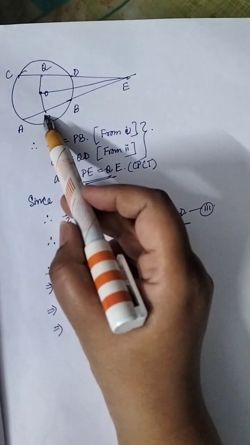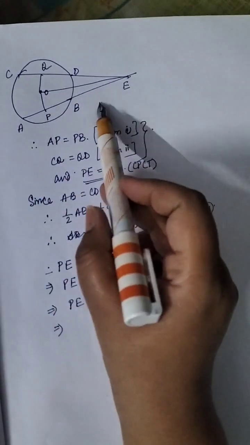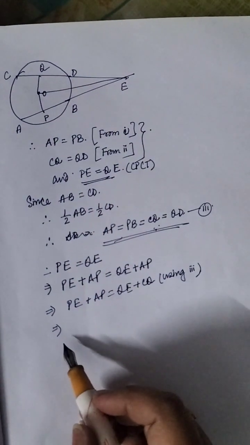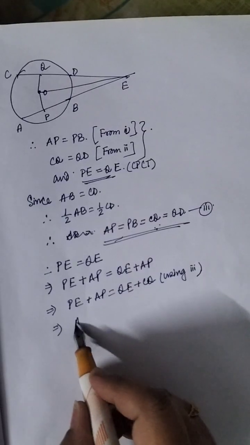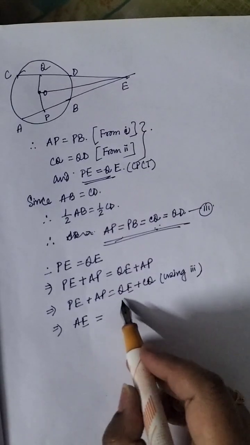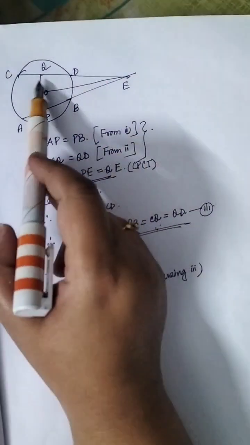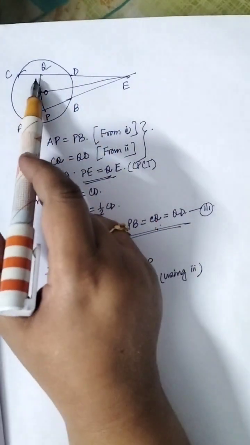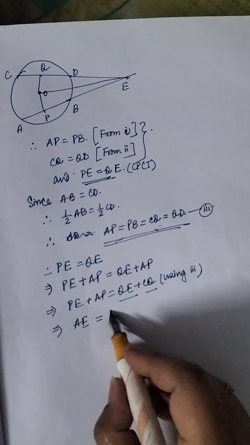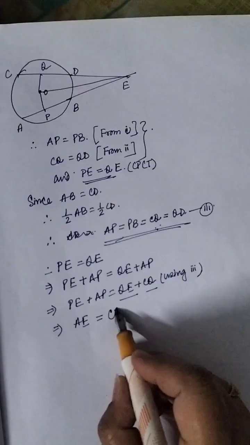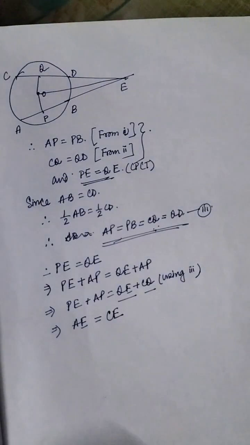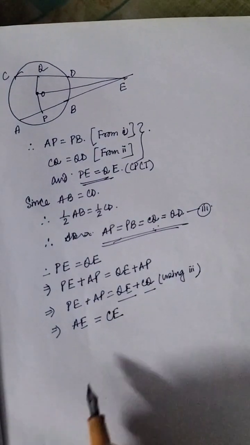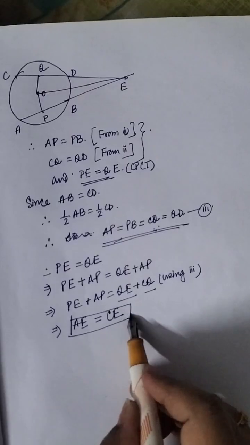Adding these two segments, we get AE, right? And QE plus CQ is what? This is QE, this is CQ. Adding these two segments, we get CE. So AE equals CE. The first part is proved.